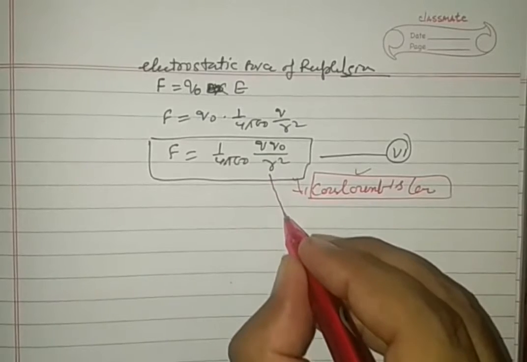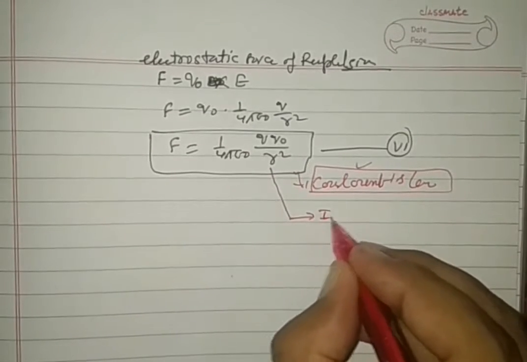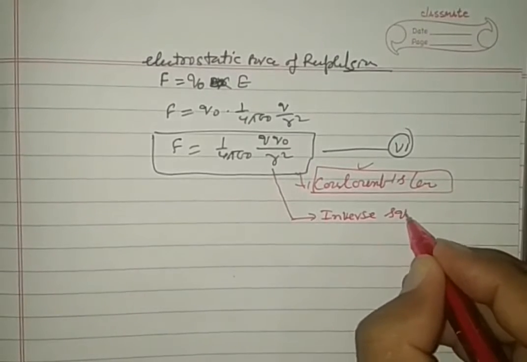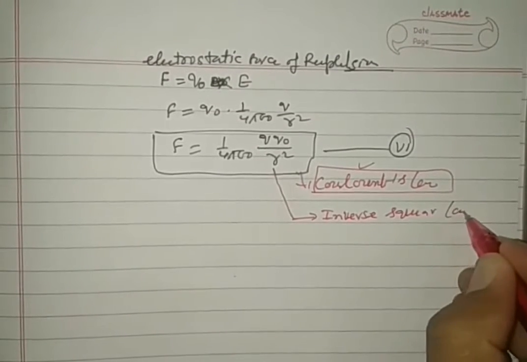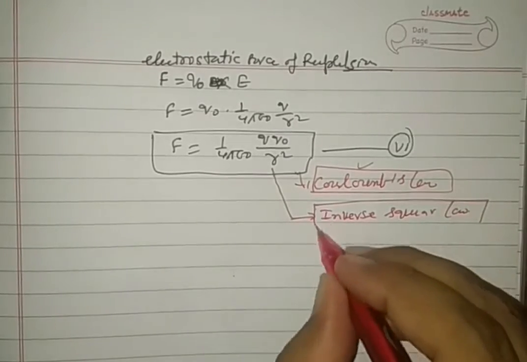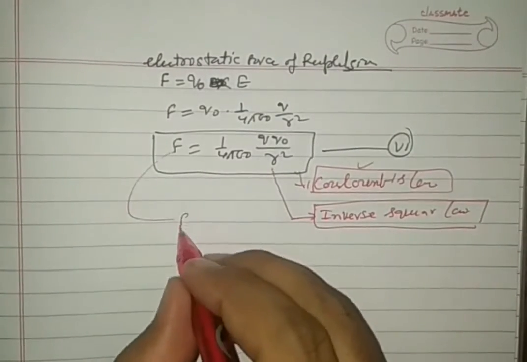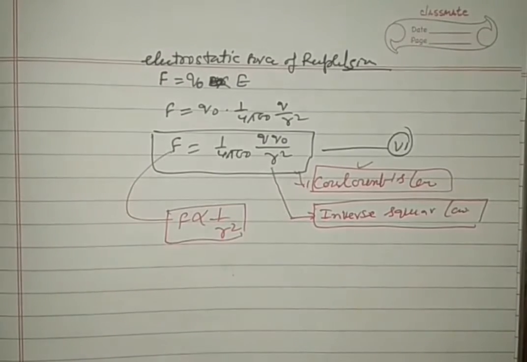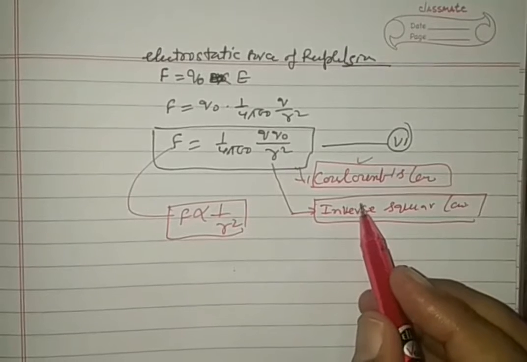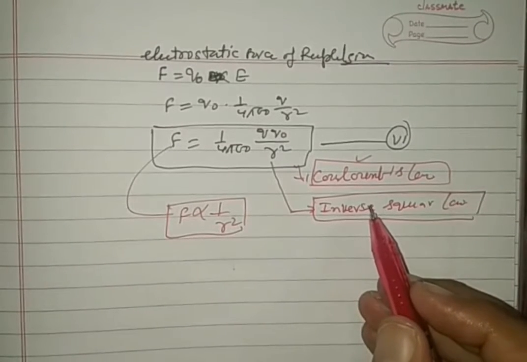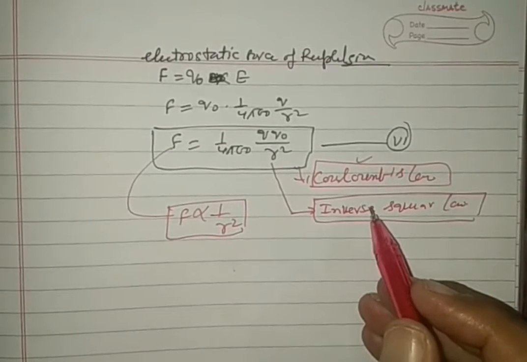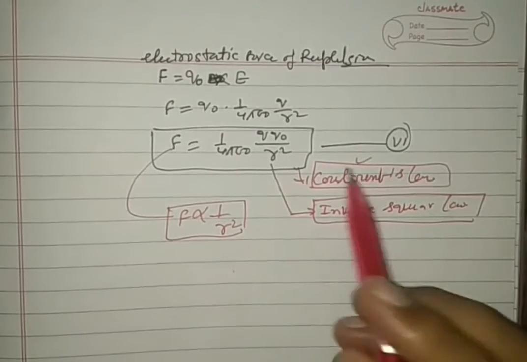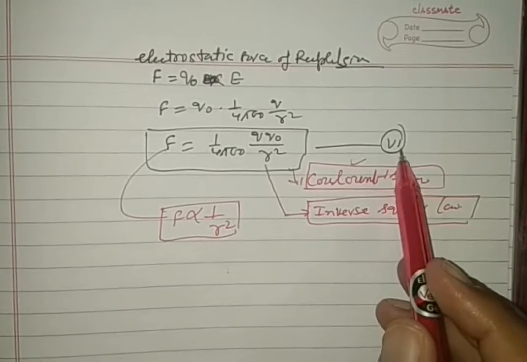This Coulomb's law is also called the inverse square law. What is the inverse square law? Electrostatic force is proportional to 1 by r square. Right? See very carefully, we have obtained the formula of electric field intensity by Gauss theorem in equation 5 and Coulomb's law in equation number 6.